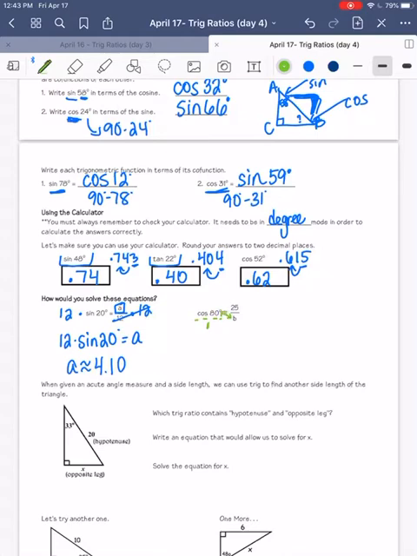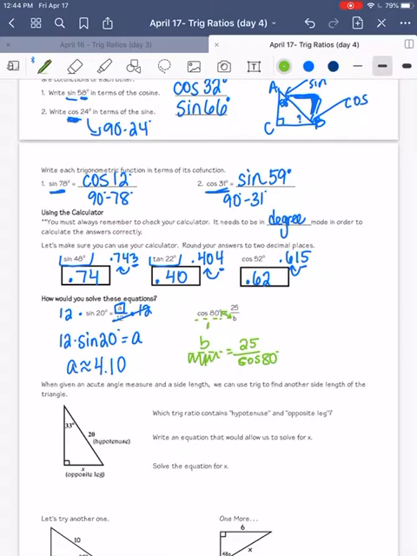So in order to get this B isolated or B alone, I'm going to switch the cosine 80 and the B, their spots. So now it's going to be like this. Does that make sense? Now, do I really need the over 1? No. So I'm going to mark this out.